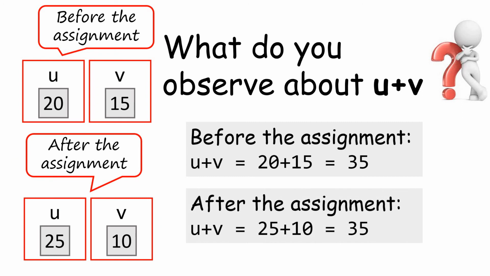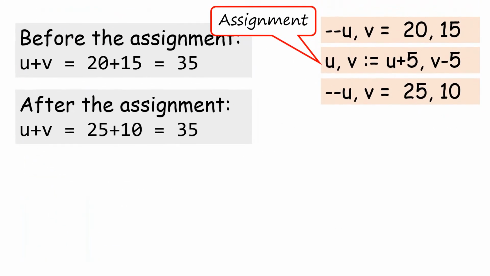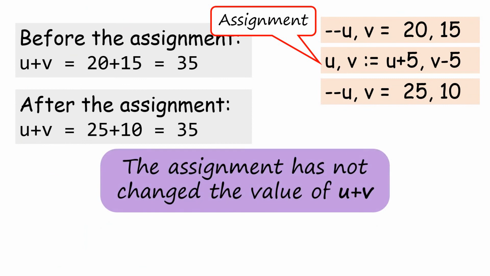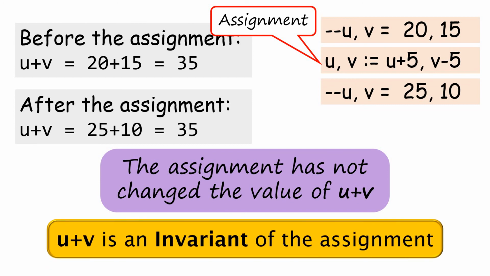After the assignment, u + v = 25 + 10 = 35. Observe carefully. The assignment has not changed the value of u + v.